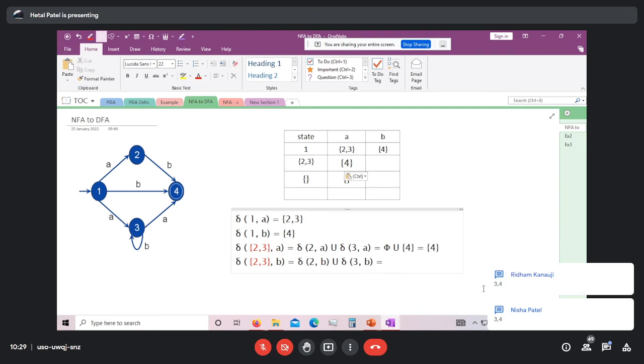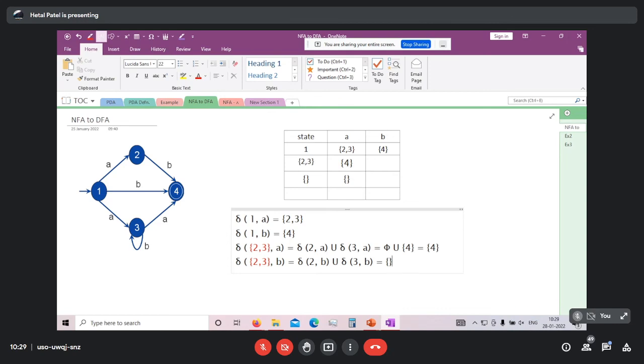So from 2, with B transition, which state number do we go to? That is 4. And from 3, with B transition, 3 itself, right?